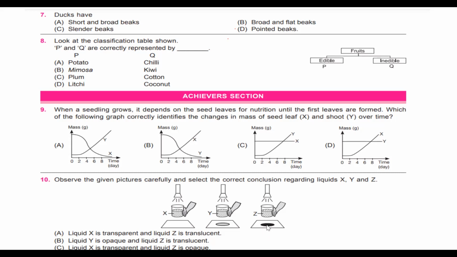Suppose you put your hand and put a torch above it and a paper below, what will happen? Your shadow will come, no? So that is opaque. Your hand is blocking the light from going to the cardboard. So liquid X is transparent and liquid Z is opaque.